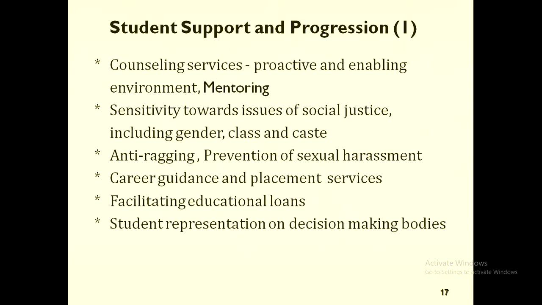And sensitivity toward issues of social justice, including gender, class and caste. If any students have any issue with social justice, gender and class, and for anti-ragging, prevention and sexual harassment, for each of them we should have separate committees, and those committees have to be approved by the academic council, and then uploaded on the website.